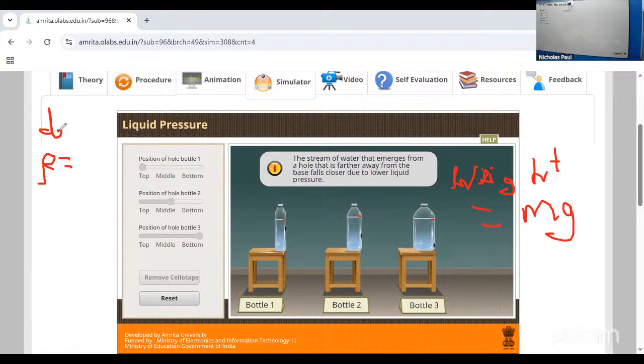Yes, I think so. The density is the mass of the substance over its volume. And if you do a little bit of maths, you end up with the mass of the substance being density times volume.